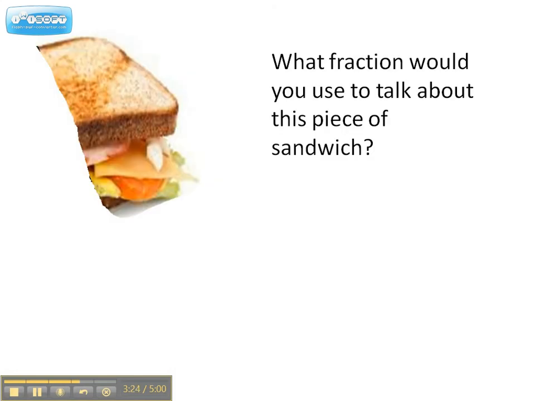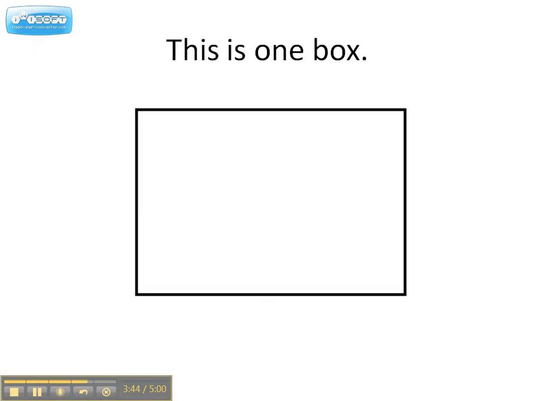What fraction would you use to talk about the other piece of sandwich that came from one whole sandwich and was broken into 2 equal parts? If you thought 1 for the numerator, that was correct, and 2 equal pieces for the denominator, that was correct as well. So this other piece of sandwich would also be 1/2. This is one box.